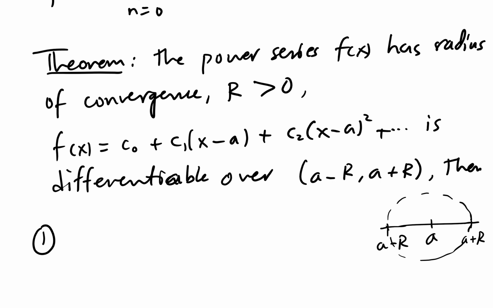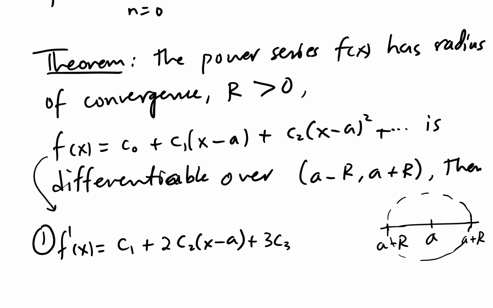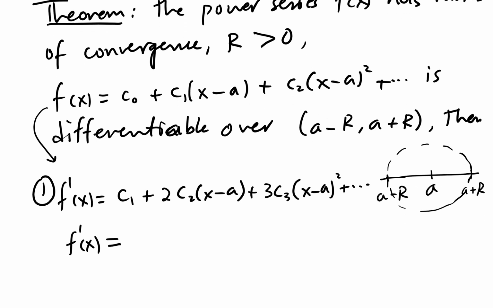The first one, from that f, we can differentiate f and c0 will be gone because it's a constant. The derivative of c1 times x minus a is c1, plus the derivative of the second one, and then the derivative of the following one, 3c3 times x minus a squared, plus etc., which can be rewritten as f prime of x. I'm going to write f of x on the side so we can see it one more time.